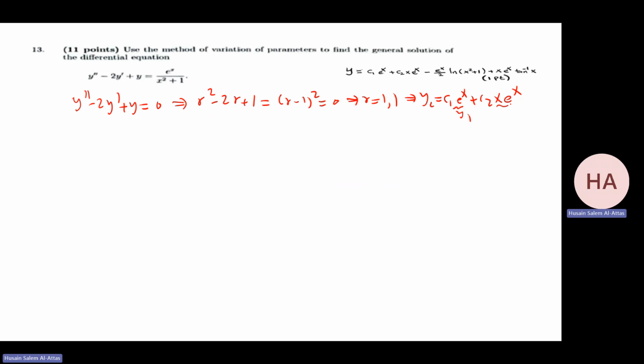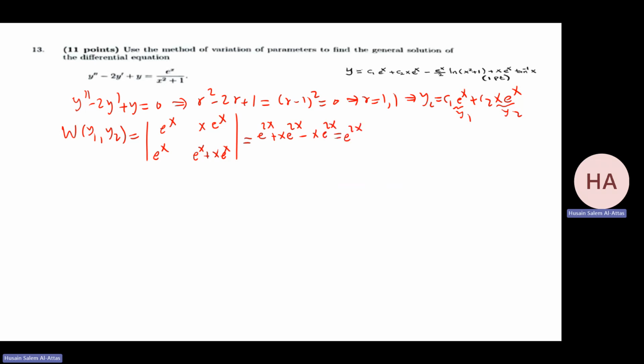So this is my y1, this is my y2. So the Wronskian of y1 and y2 will be: e to x, e to x, x e to x. That will be e to x plus x e to x. So I'm getting e to x plus x e to x minus x e to x. That will be e to 2x.